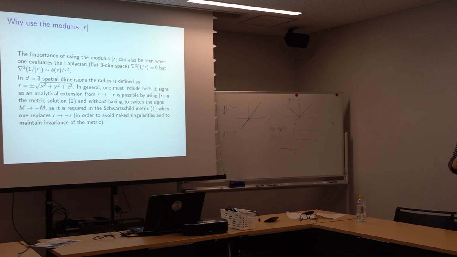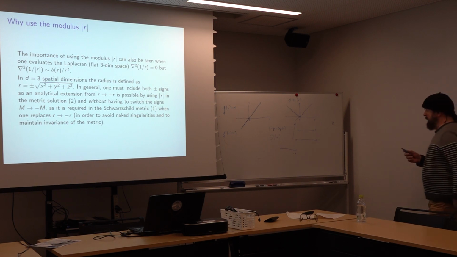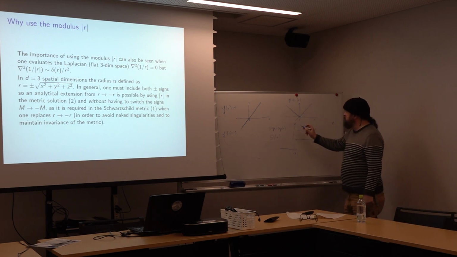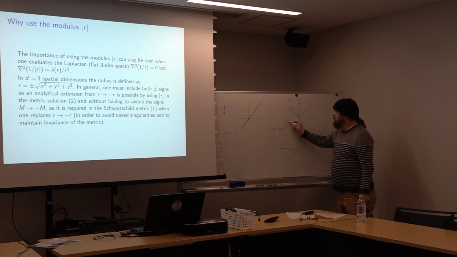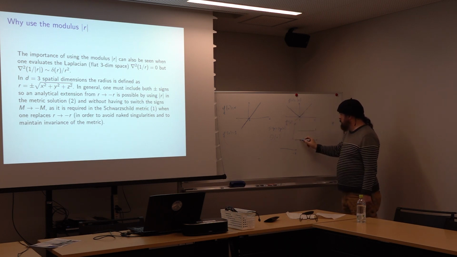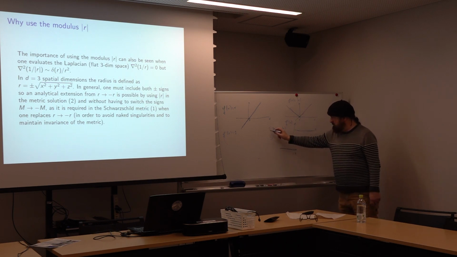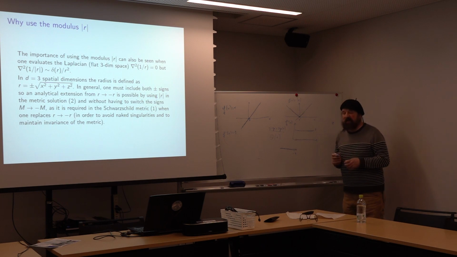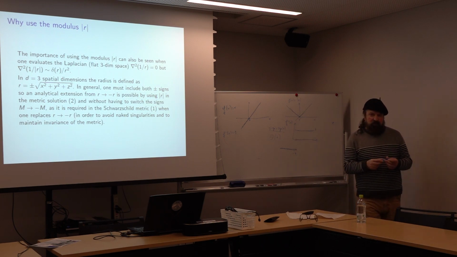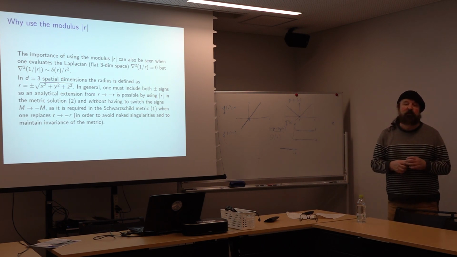Remember, I have taken the first derivative. The first derivative of the modulus looks like this. There's a discontinuity, and it gives me the step function. What happens if I take a second derivative? The second derivative of the step function is something that many of you are familiar with, and this is the Dirac delta function.